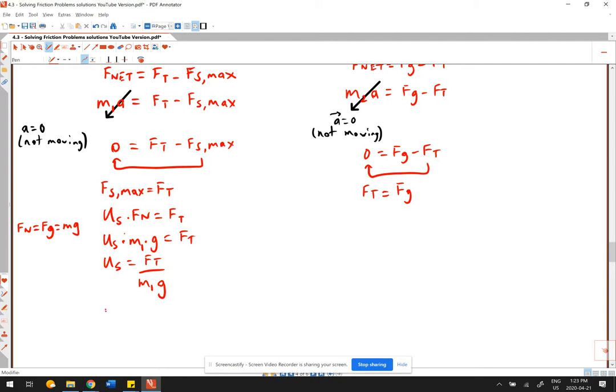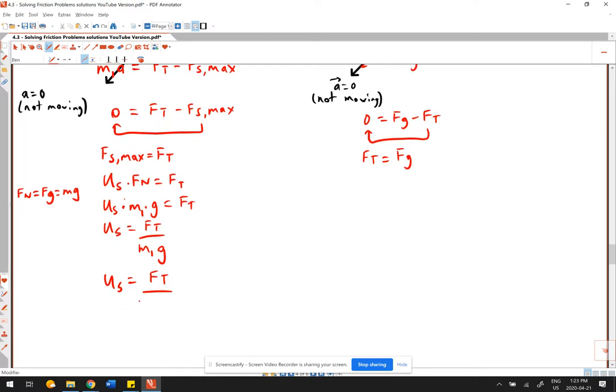Now, we don't know what the tension is, and we do know what mass 1 is. Mass 1 is equal to 4 kilograms, and we know what gravity is, which is equal to 9.8. So as of right now, we don't know what tension force is, but the beautiful part is we can figure out what tension force is by going over here.